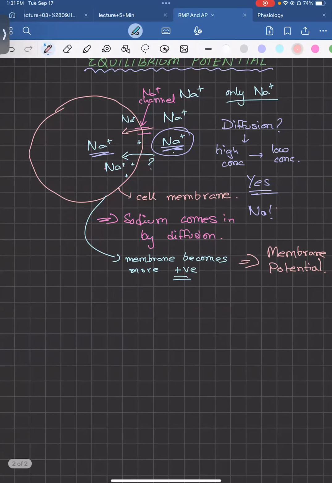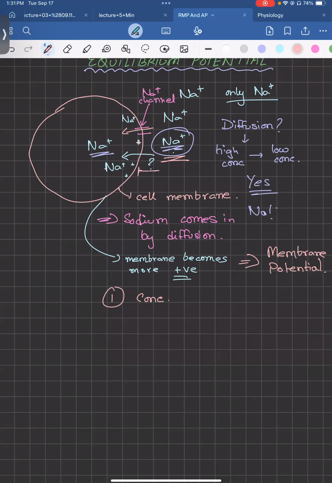Cool. The membrane becomes more positive. What happens when the membrane becomes more positive? So think about the movement of sodium. At first, it was going down the concentration gradient, so it was moving because of concentration. Now there's a charge element to it. That means there's more positive charge here, and this is a positive ion. They would not want to come in. They would be repelled.